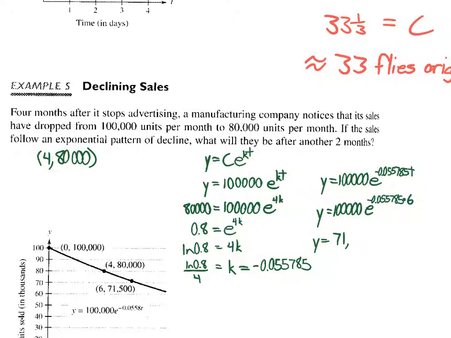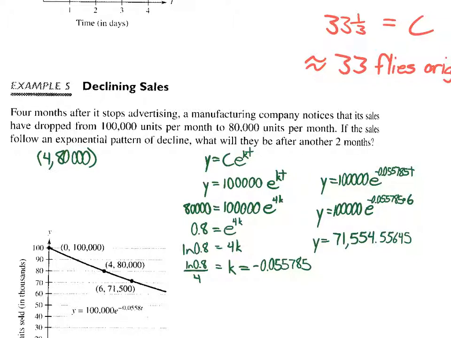The exponent is times 6, yeah, because it's times t. 71,554. Yeah.